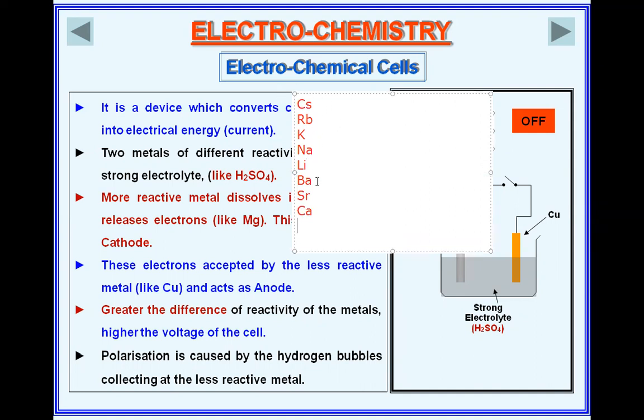These metals of group 1 and group 2 are readily soluble in water, so they cannot be used as metal electrodes in a cell which contains water.